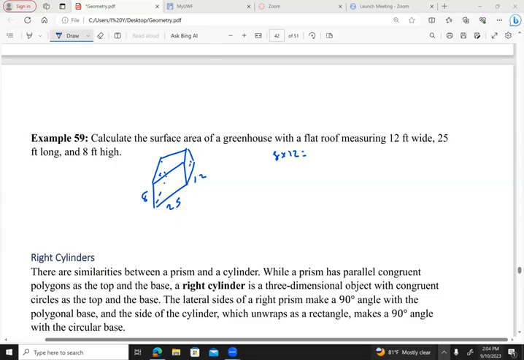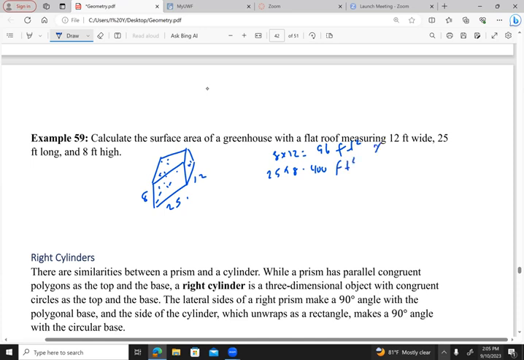Okay, we are back. So we have these two ends here, 8 by 12 or 96 square feet. Then we have four rectangles that are 25 by 8: 1, 2, the back and the bottom. So we have 25 by 8, which is 400.